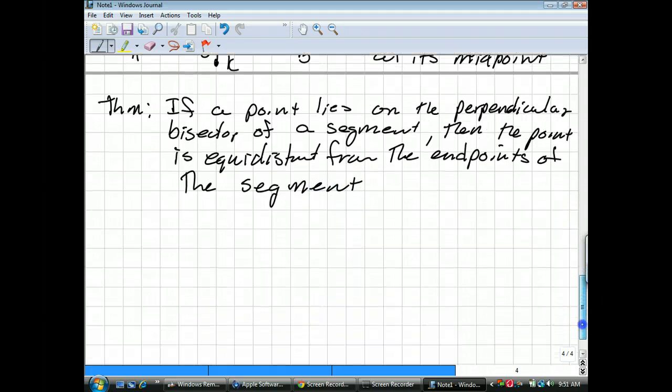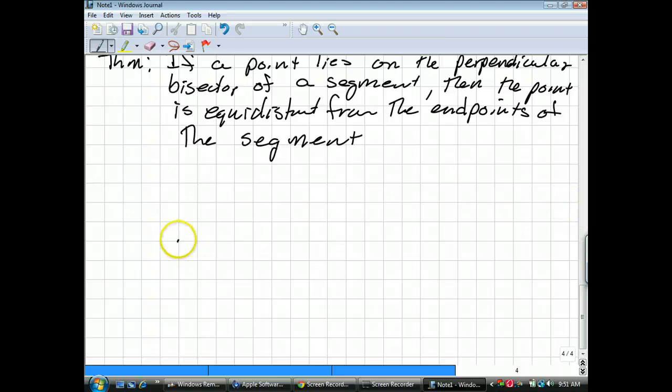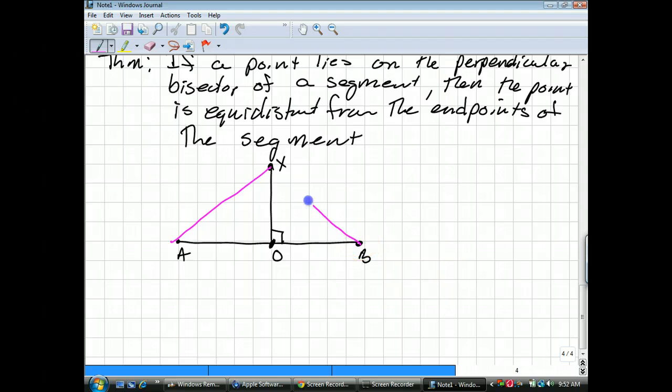Okay, so here's what it means. Let's say I have segment AB, and XO is the perpendicular bisector of AB. Then the theorem says that segment AX is congruent to segment BX.